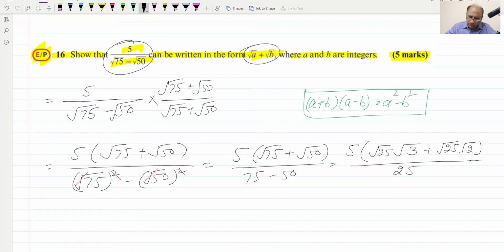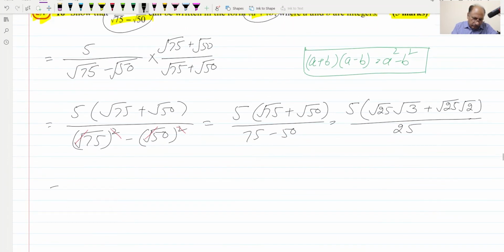And further we can write this as 5 and this one also as 5, and we can take 5 common also. So 5 into 5 will be 25, into root 3 plus root 2, and divided by 25.